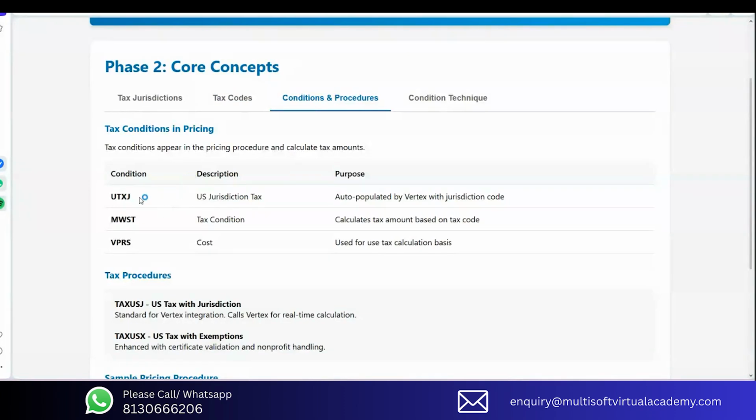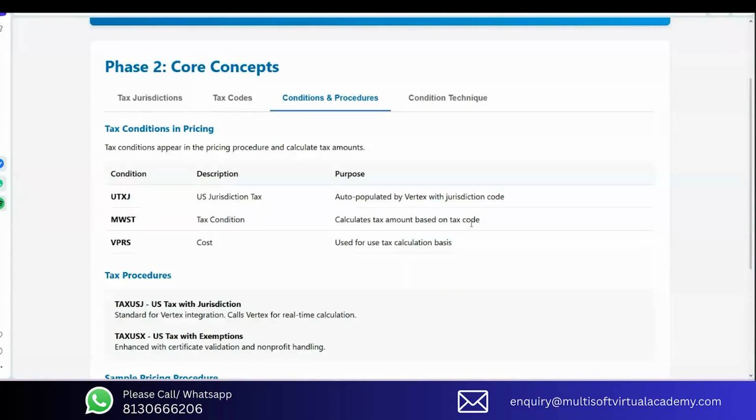For example, the condition UTXJ means US jurisdiction tax. So the purpose is it should auto-populate from Vertex with the jurisdiction code. For example, MWST is a tax condition. It calculates tax amount based on the tax code.